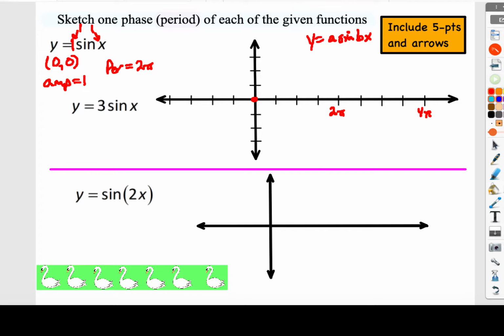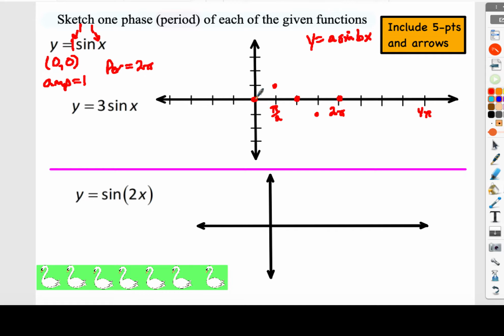To get 1 full period of our graph, we want to remember that we start and stop in the same place, right on the x-axis. Halfway in between, we're still on the x-axis. And in between those numbers, thinking about our unit circle, at pi over 2 we would be up 1 unit, and at 3 pi over 2 we would be down 1 unit.